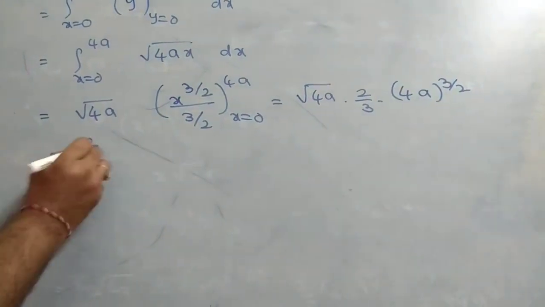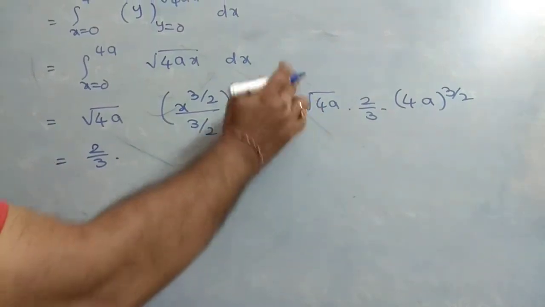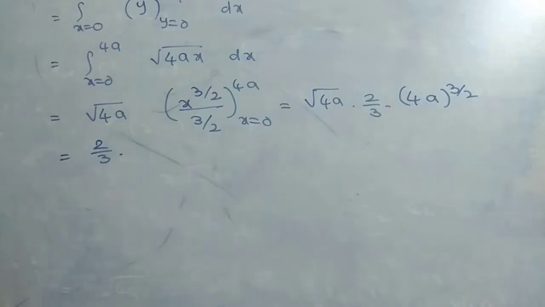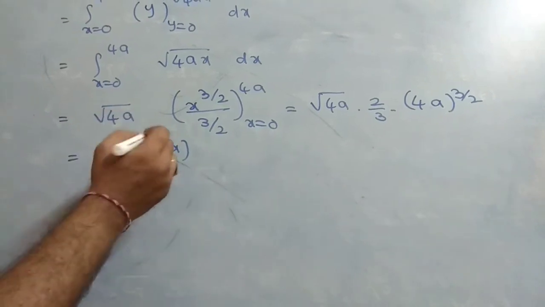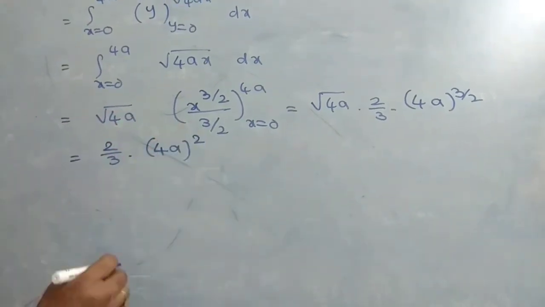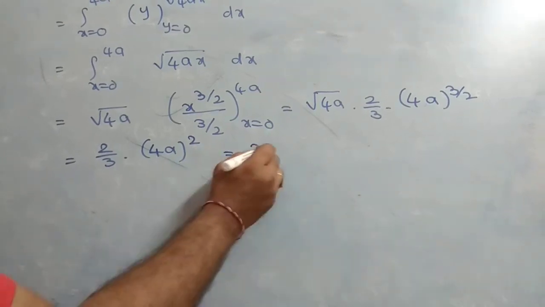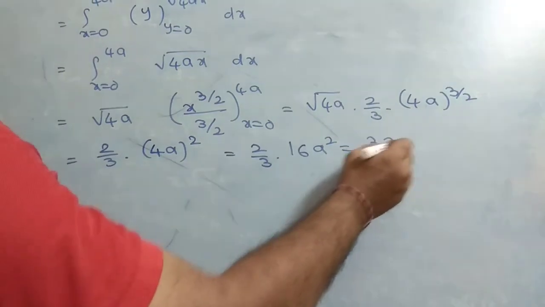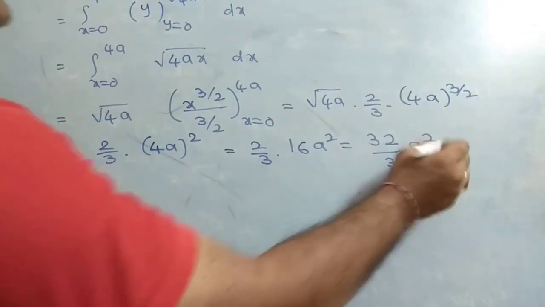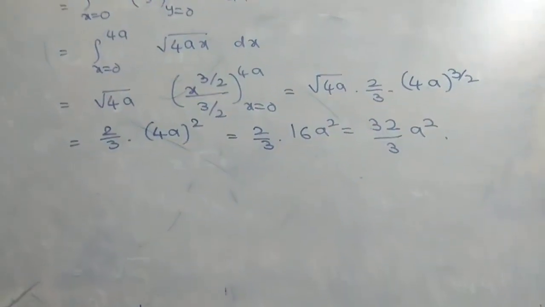So this is equal to 2 by 3, 4a power 1 by 2, 4a power 3 by 2, which is nothing but 4a power 3 by 2 plus 1 by 2, which is 4 by 2, that is nothing but 2 only. So this is equal to 2 by 3, it is 16a square, or I can write 32 by 3, it is a square value. So this is about the denominator value.